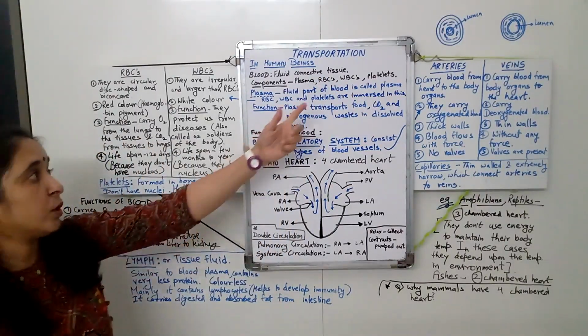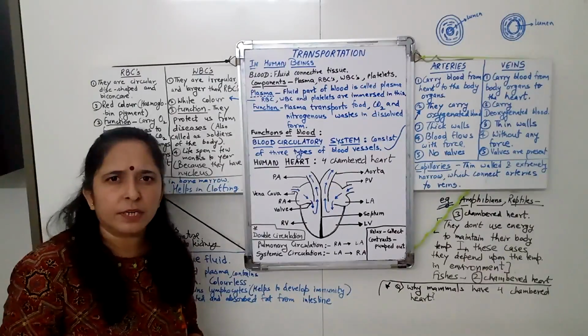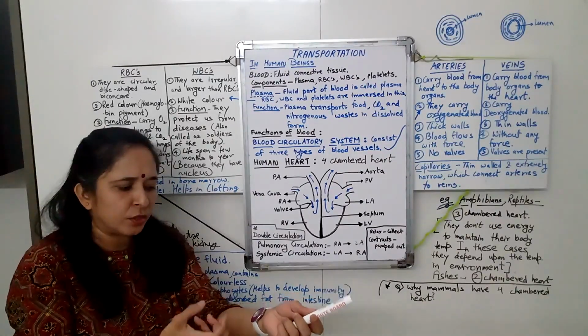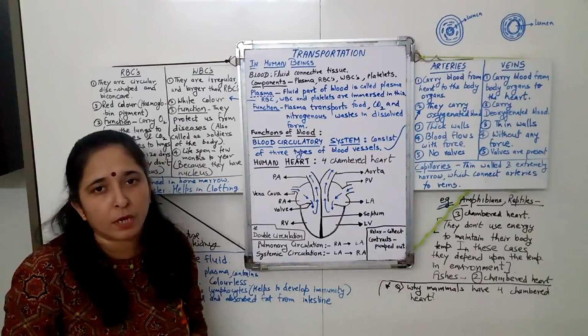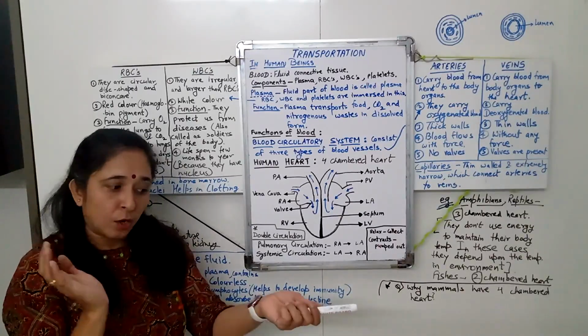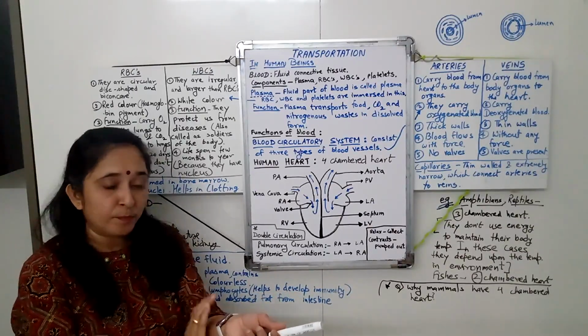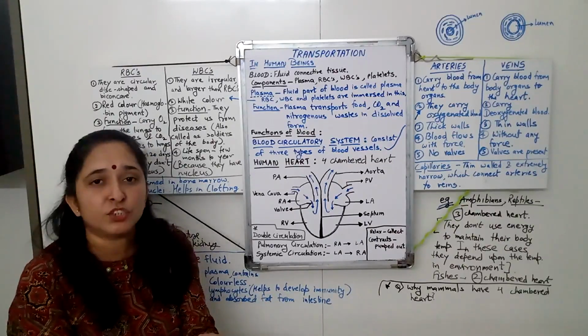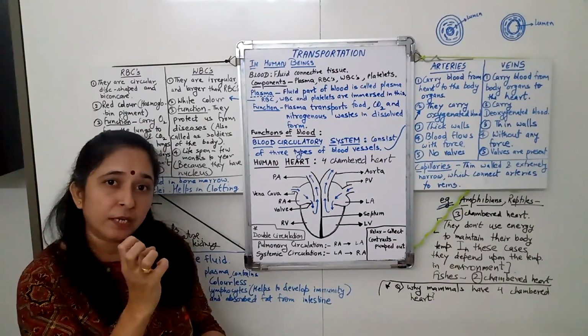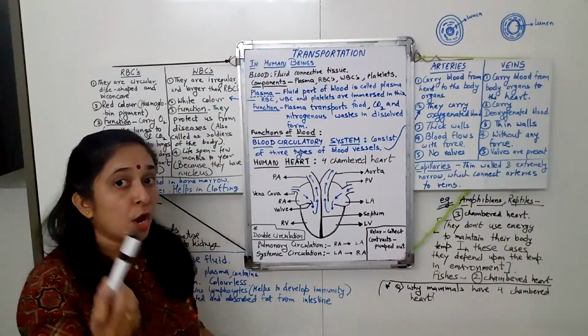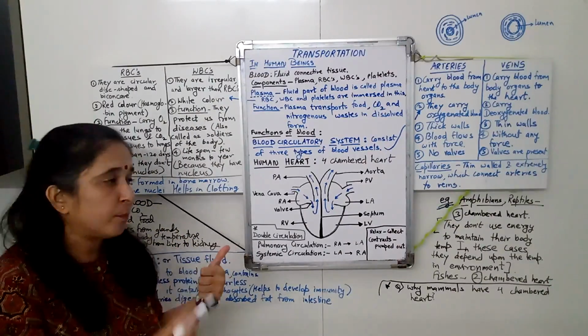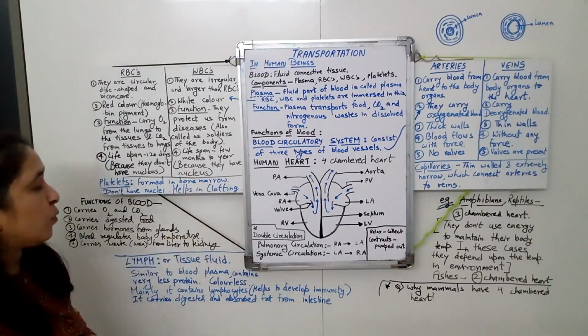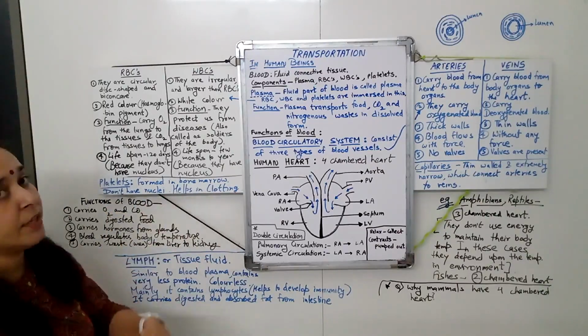Now platelets, what are they? I think you have heard that whenever we get injured, blood oozes out from the injured part. It clots slowly and stops the blood flow from the injury. That clotting of the blood is done by the platelets. Now platelets, where do they form? They form from the bone marrow, and they don't have nuclei.